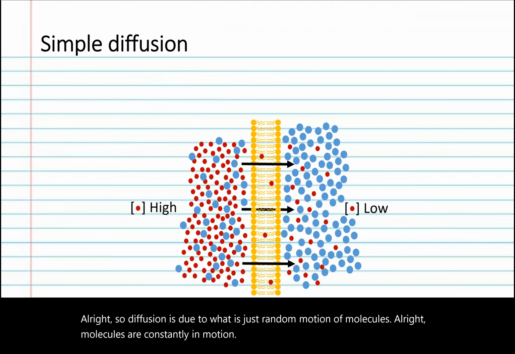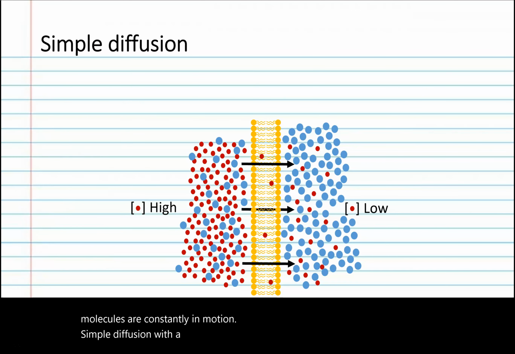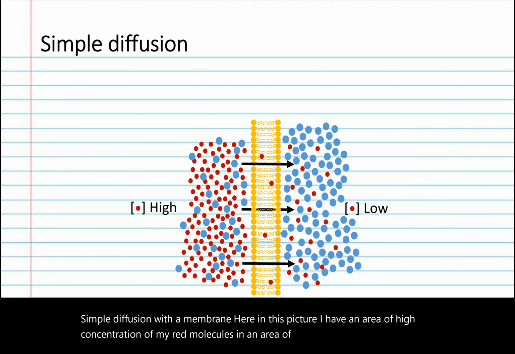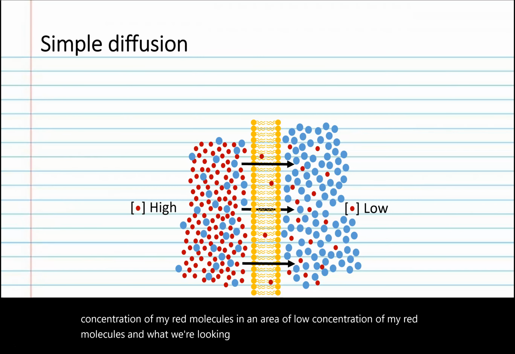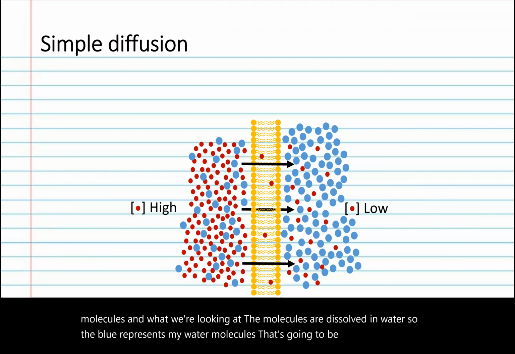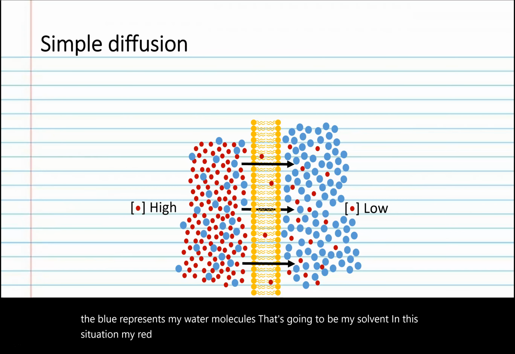Simple diffusion with a membrane: here in this picture, I have an area of high concentration of my red molecules and an area of low concentration of my red molecules. And what we're looking at, the molecules are dissolved in water. So the blue represents my water molecules. That's going to be my solvent. In this situation, my red molecules can easily diffuse across the membrane.